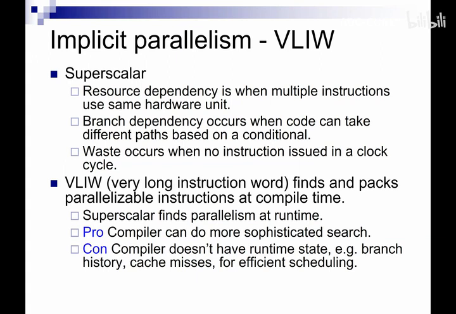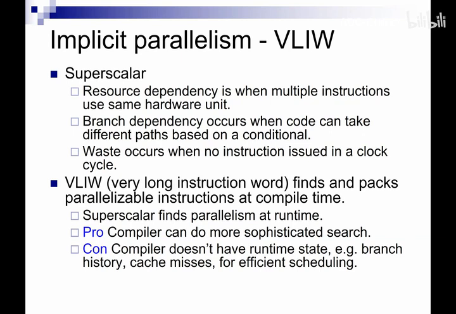Okay, so there's both pros and cons to VLIW. The pro is that because you're doing this at compile time, your compiler can actually use very sophisticated algorithms to try to find as many parallelizable instructions as possible. However, the con for VLIW is that because you're doing this at compile time, you don't know what's happening at runtime.